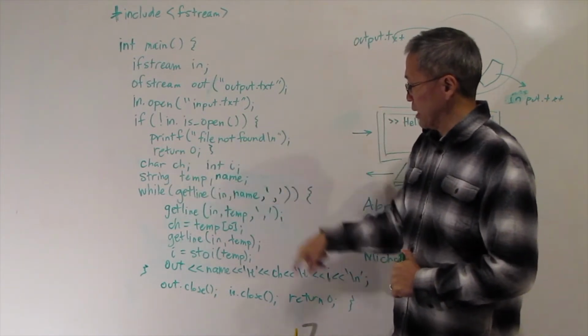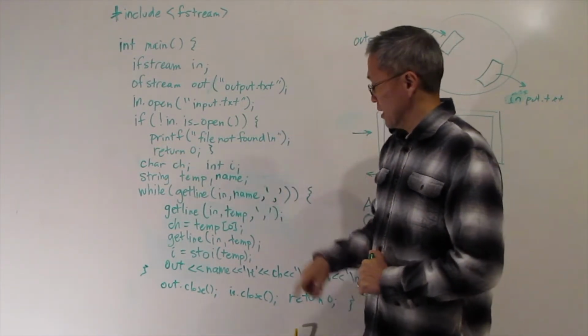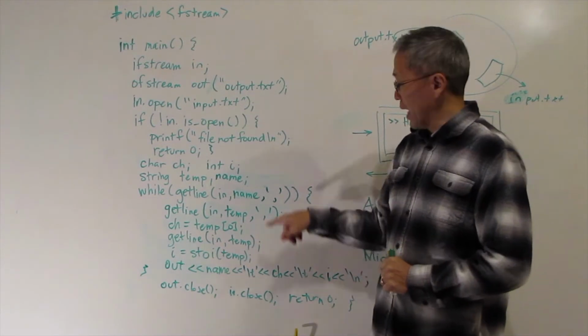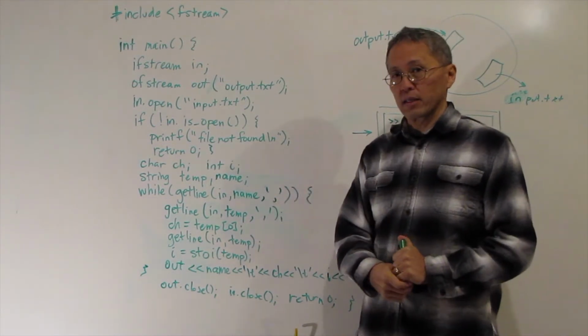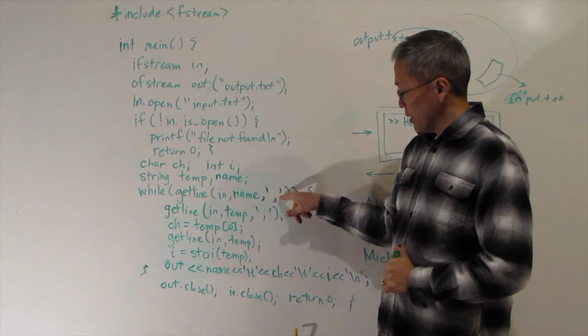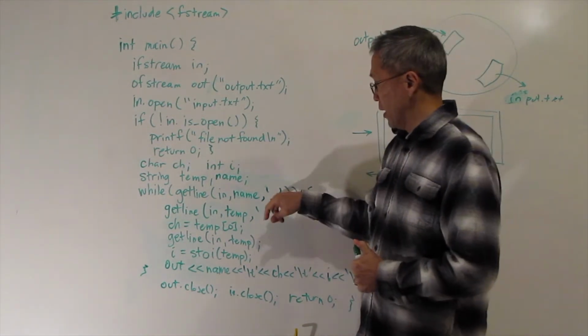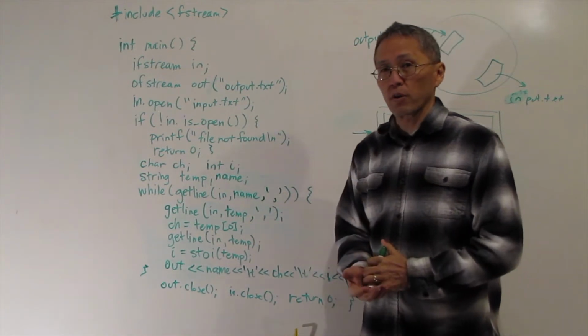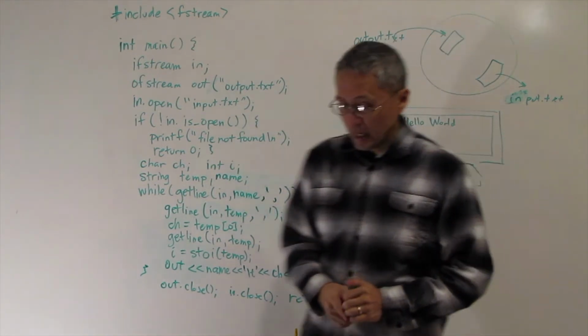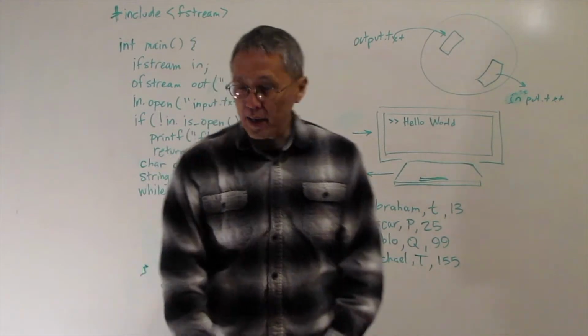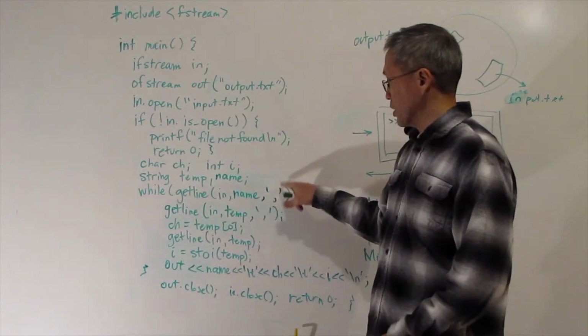And the third one here is the delimiter. It doesn't matter what your delimiter is, as long as you know what the delimiter is in your file, you can put that here in your single quotes.